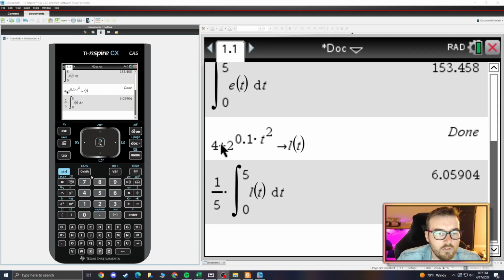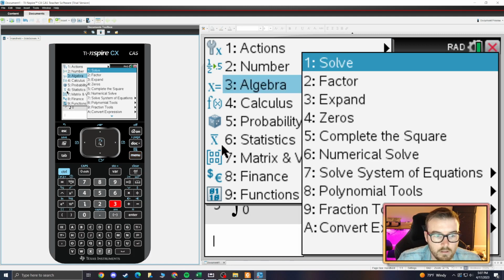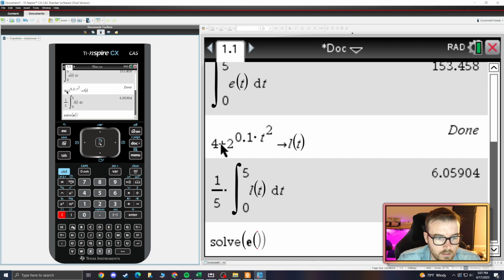So we will solve algebra style. And we want to know, when is E of t minus L of t equal to 0, comma t.